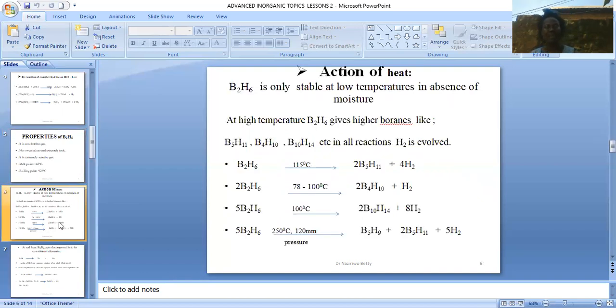Action with heat: diborane is stable at low temperatures and in the absence of moisture. However, at high temperatures, it gives higher boranes, like pentaborane 10, pentaborane 11, tetraborane 10, octaborane 9, and many others.